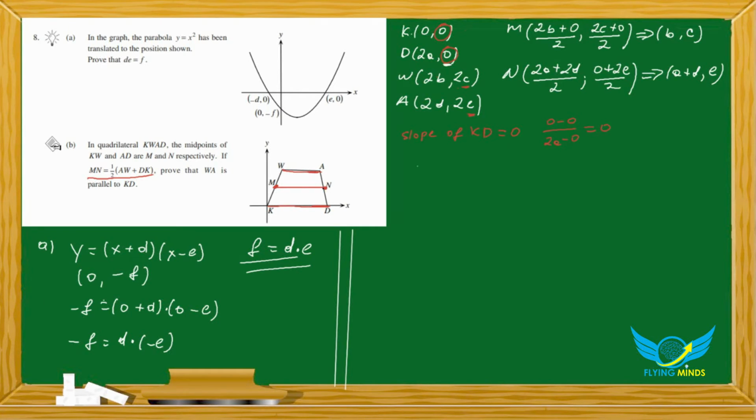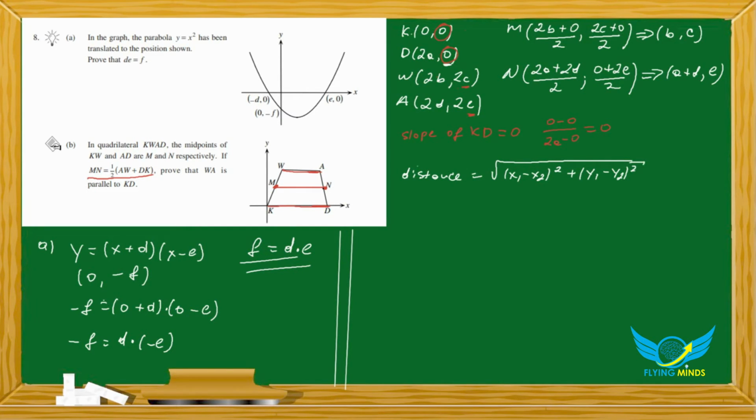Okay, so what's the length of MN? We're going to use the Pythagorean theorem. Let me write the distance formula: distance equals the square root of x1 minus x2 squared plus y1 minus y2 squared.